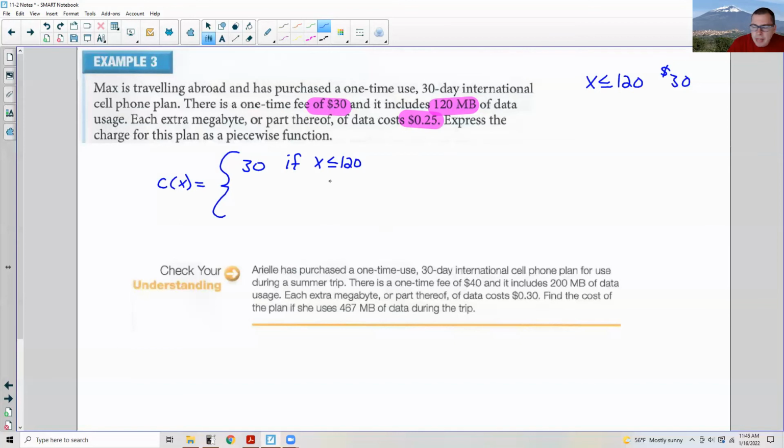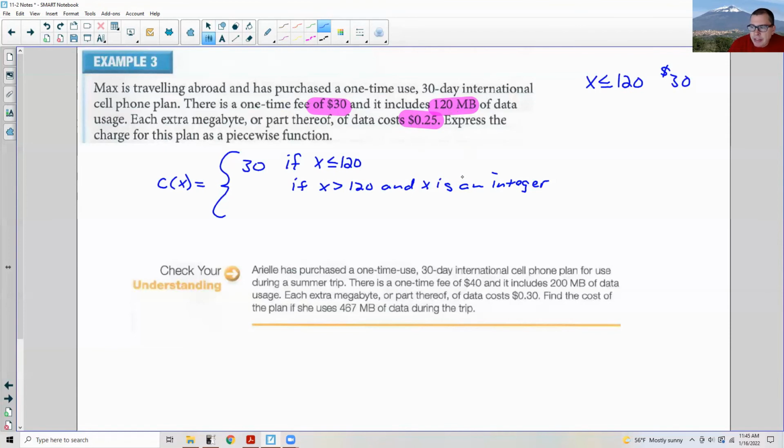The other thing that could happen is we could say if X is greater than 120 and X is an integer, meaning he's going to use an entire meg. He's going to be charged 25 cents.